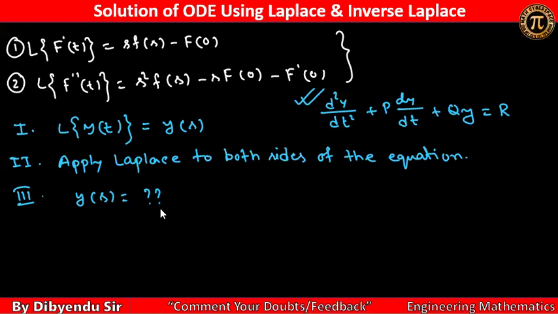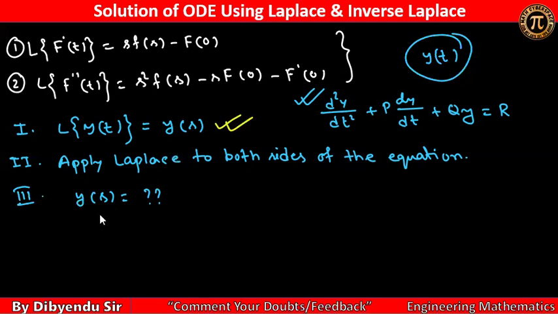Now the condition is you have to solve the equation. Solution means you have to find y(t), and you have got Y(s). If you apply Laplace inverse on Y(s), obviously you will get y(t), because already you have taken Laplace of y(t) equals Y(s).